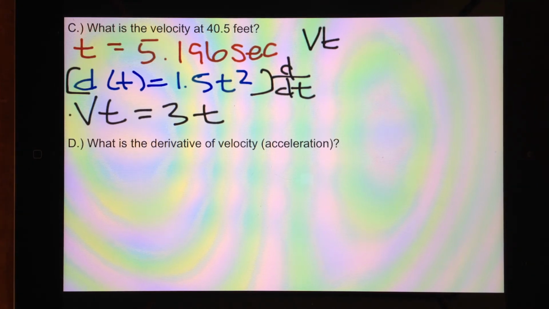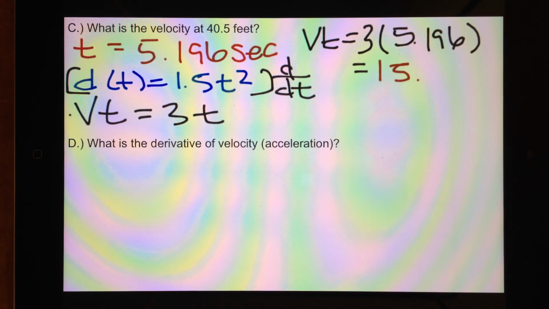Now we have v of t equals 3 times 5.196 to find our velocity at 40.5 feet, which we have as our final answer, 15.588 feet per second.